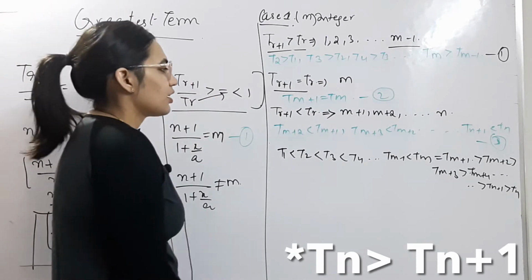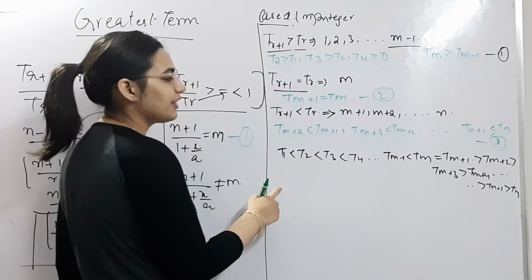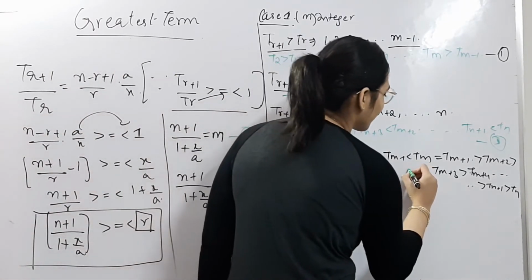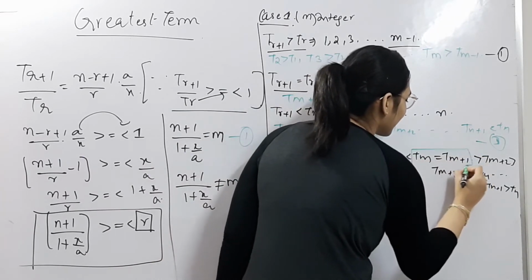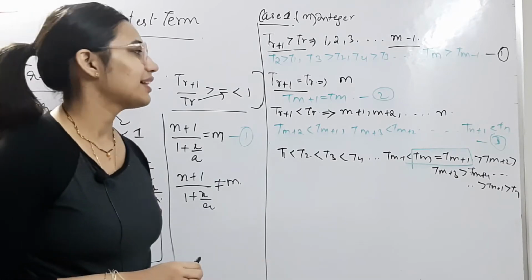Right. So now what is the final value that you get? The final value that you get is this, and if you observe, there are two terms in here that are greatest.